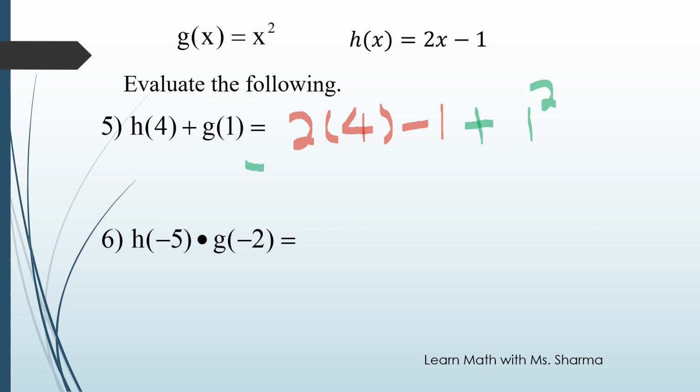So 2 times 4 is 8 minus 1 plus 1 times 1 is 1. So you have 8 minus 1 is 7. 7 plus the 1 is 8.